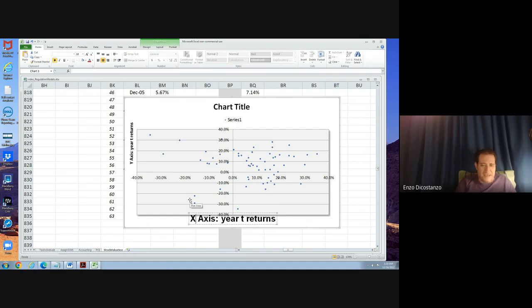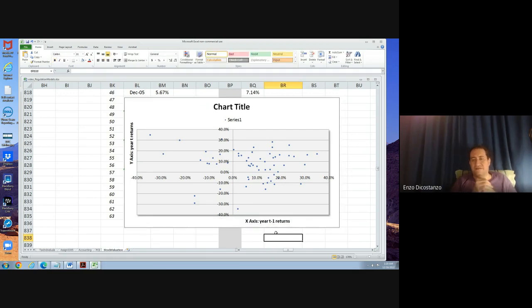This is X-axis, year T minus 1 returns. Okay, so the year T, so does yesterday impact today? And it looks like a big no on that, right?